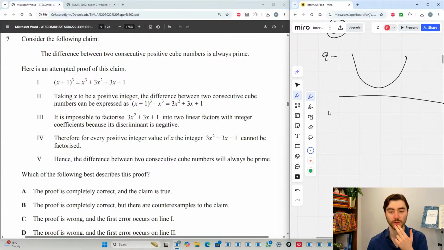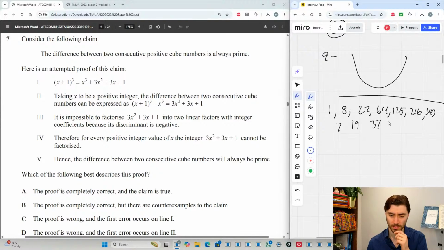Let me try out the first few cubes: 1, 8, 27, 64, 125, 216, 343. Differences: 7, 19, 37, which is prime, then 61. I'm willing to believe this is true, so I'm going to make an educated guess on A, and make a note to come back to that just in case.